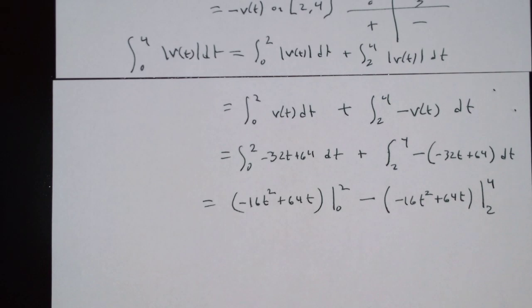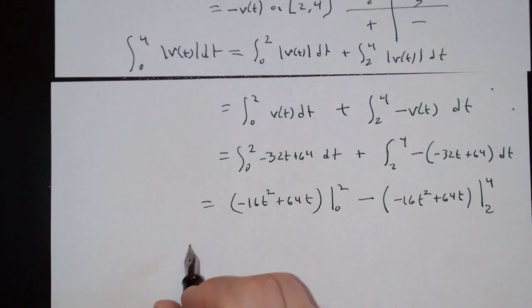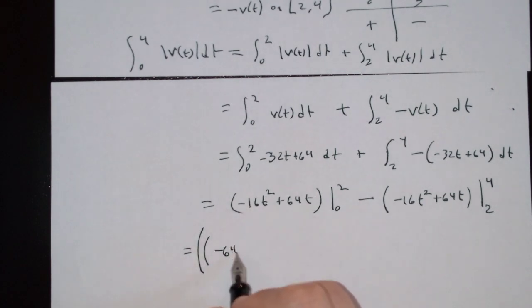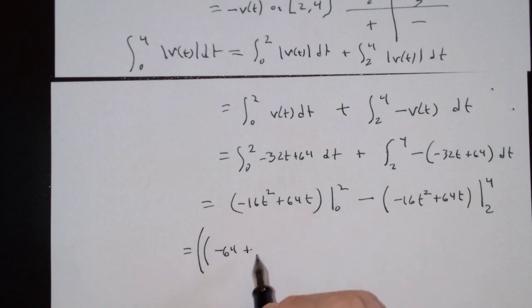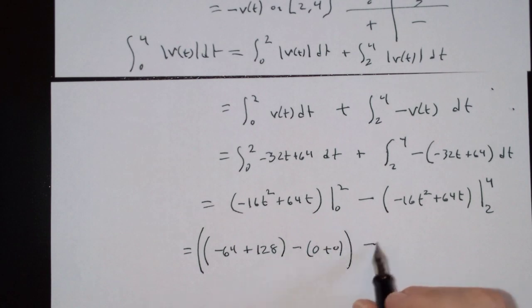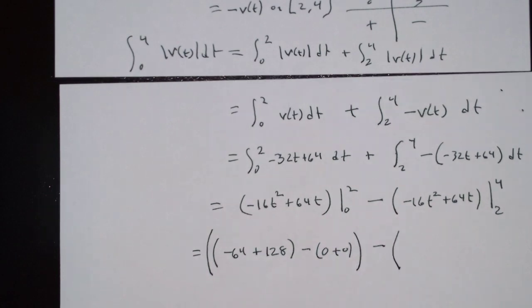Now let's plug in the numbers. For this one, first I plug in 2. 2 squared is 4. Negative 16 times 4 is negative 64. 64 times 2 is 128. Put in 0, you get 0.